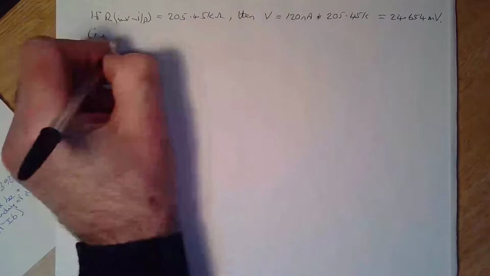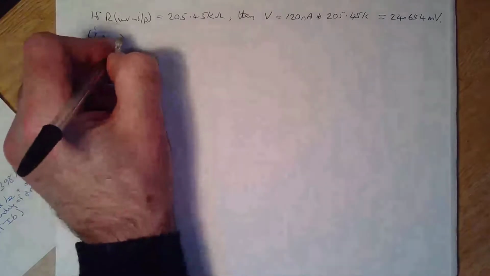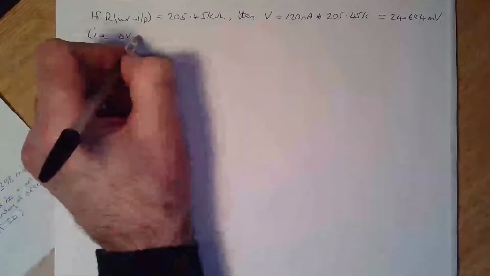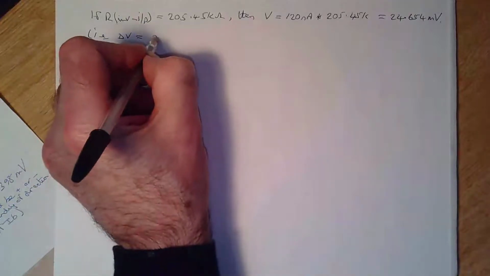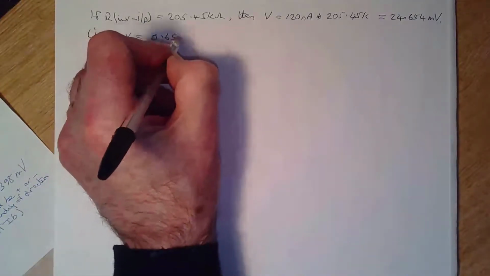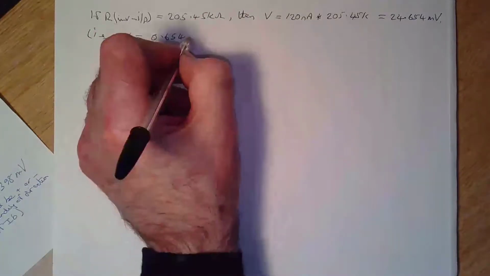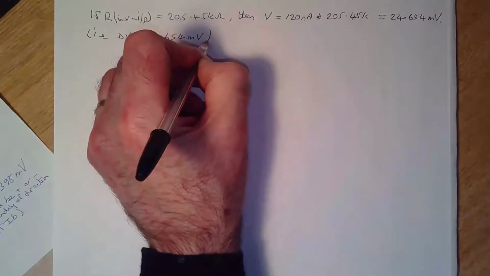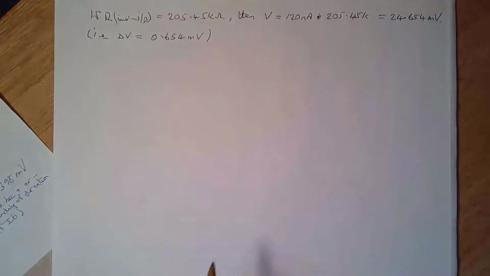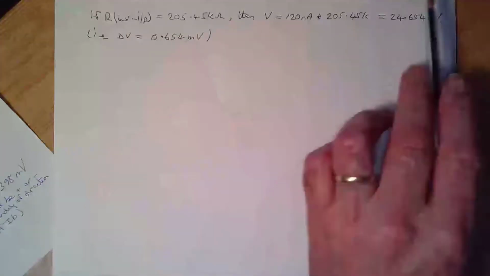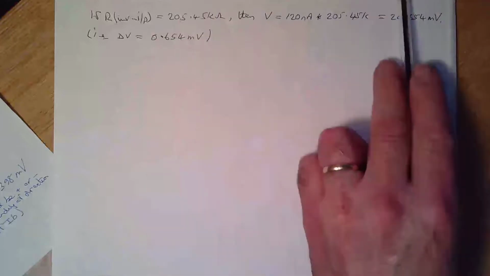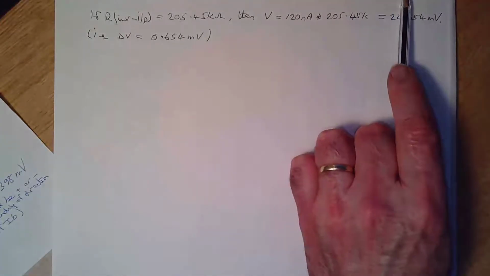In other words, there's a delta V equal to 0.654 millivolts. The only place that can come from is the additional voltage drop from the 120 nanoamps flowing in this path here, due to the 5.454 k ohms.